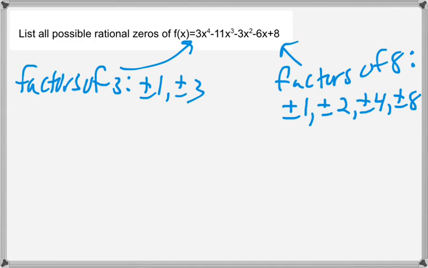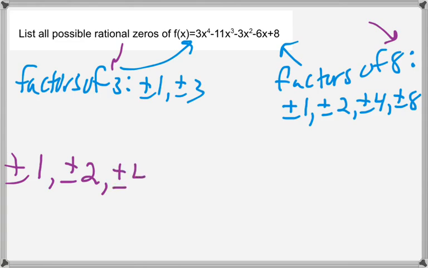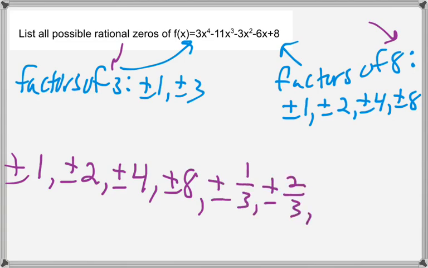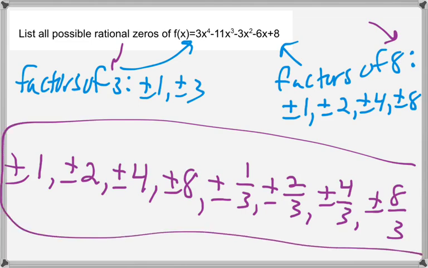So our possible rational zeros should have a numerator that's a factor of 8 and a denominator that's a factor of 3. So plus or minus 1 over 1, plus or minus 2 over 1, plus or minus 4 over 1, plus or minus 8 over 1, plus or minus 1 over 3, plus or minus 2 over 3, plus or minus 4 over 3, plus or minus 8 over 3. There's our list of potential rational zeros for this function.